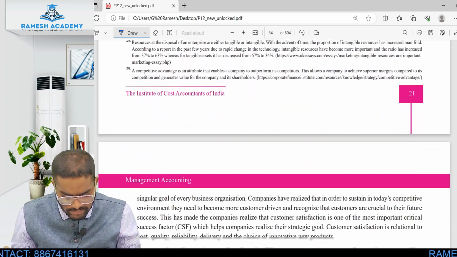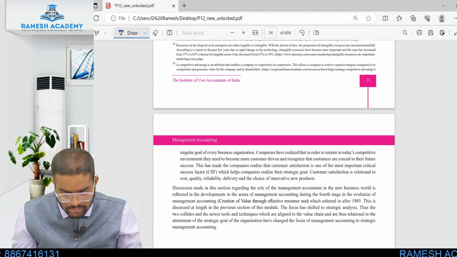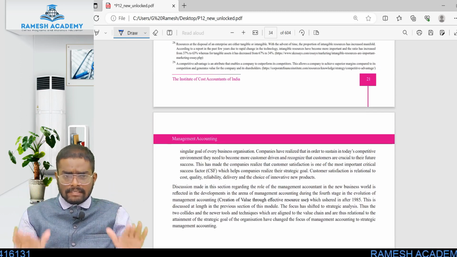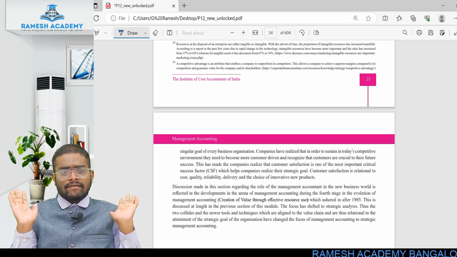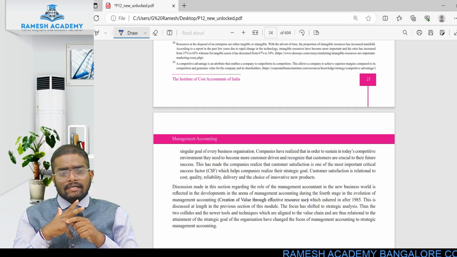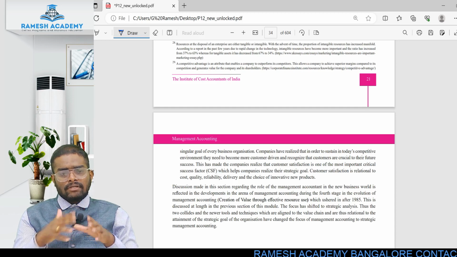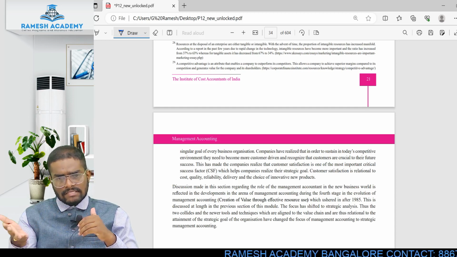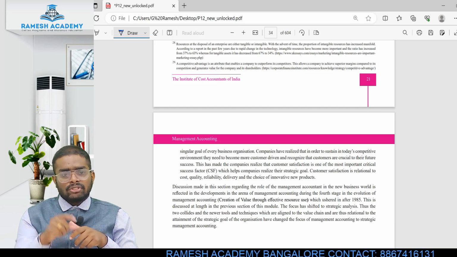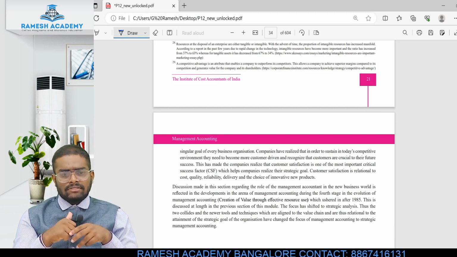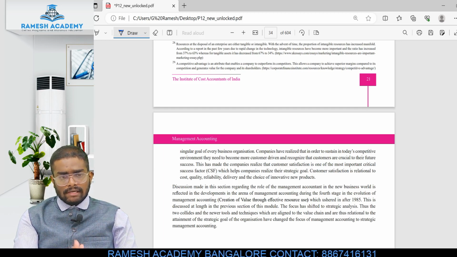Next, customer orientation. As I told earlier, retaining the existing customers and acquiring new customers is what is expected from a business. Retaining existing customers includes providing better services, after-sales services, taking feedback from them, improving the business process to satisfy the customers, and other things.